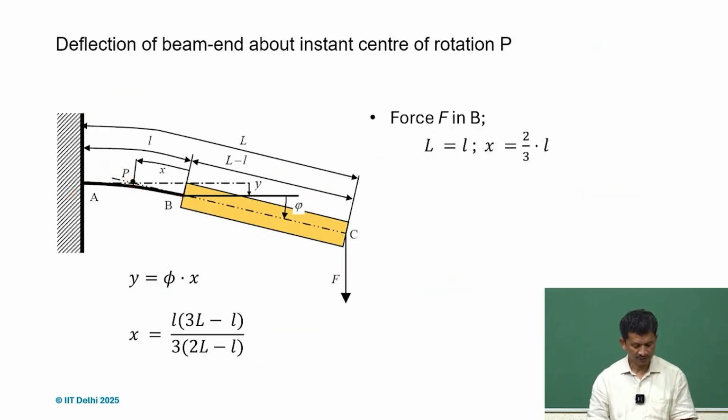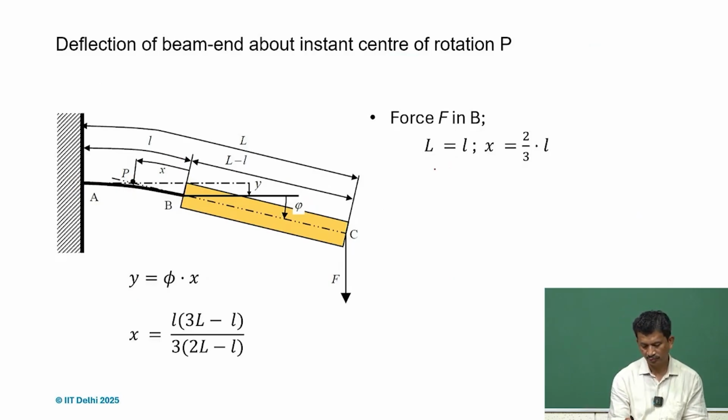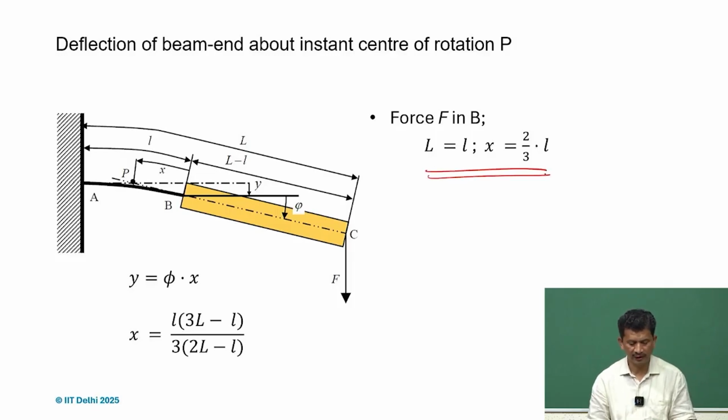What happens if we have this case, and suppose now this force is only applied at B, so not at C but at B. So the force is acting at B, and there will be no bending moment.